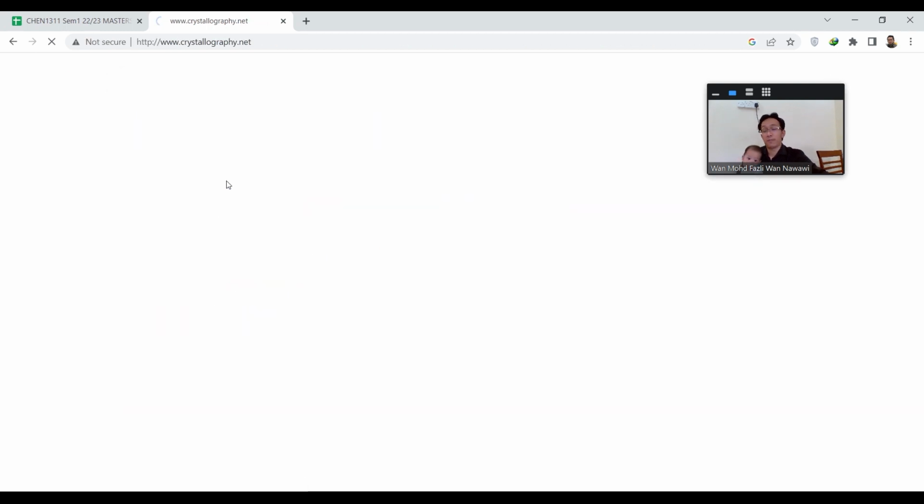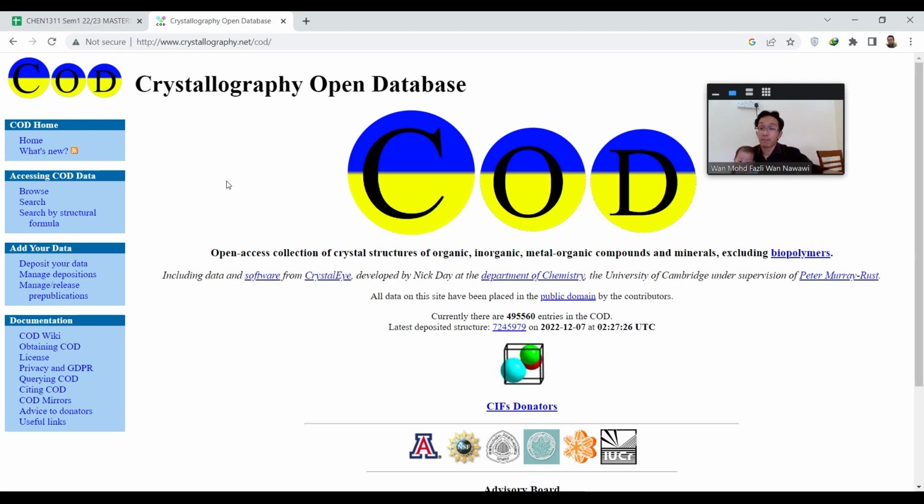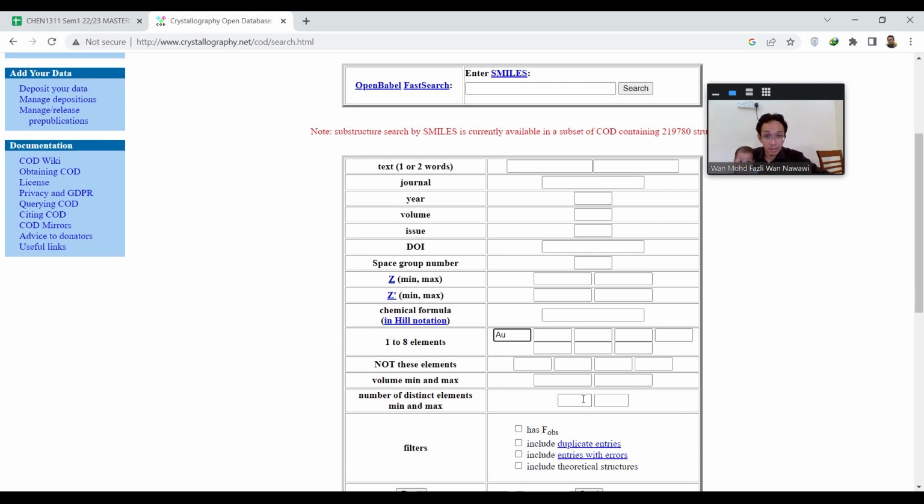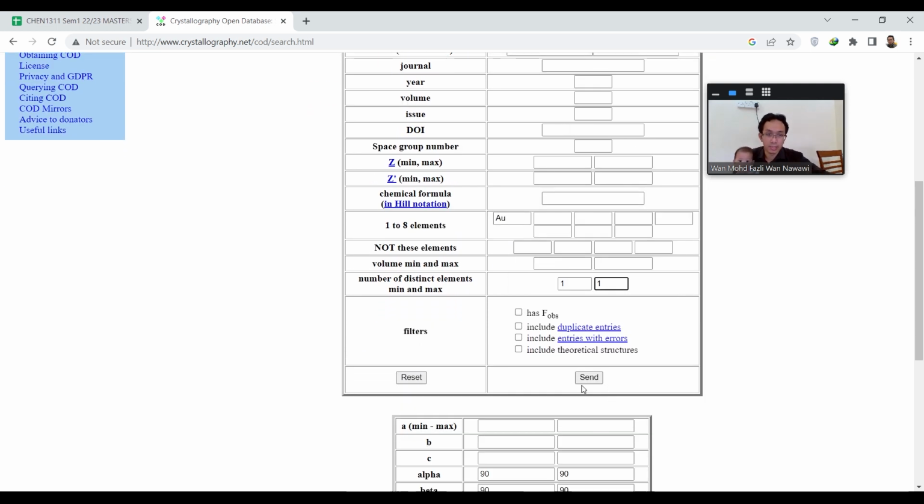This crystallographic open database is basically experiments by others. If I go to search and find gold, aurum, Au, we have discussed how to use this in the first class on crystallography. Then let me pick 1 1 1 1 and send.